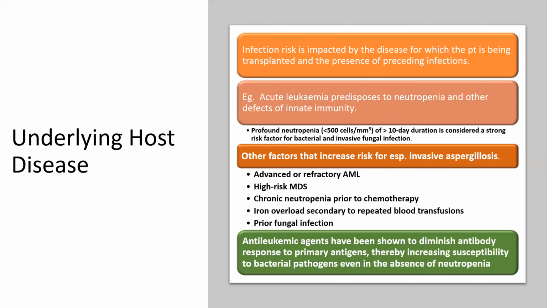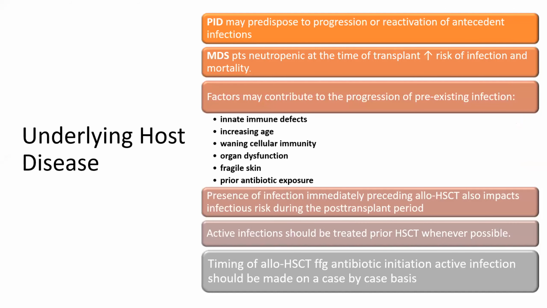Anti-leukemic agents have been shown to diminish antibody response to primary antigens, thereby increasing susceptibility to bacterial pathogens, even in the absence of neutropenia. So if you transplant a patient with primary immunodeficiencies, this may predispose to progression or reactivation of antecedent infections. MDS patients who are neutropenic at the time of transplant have an increased risk of infection and mortality.